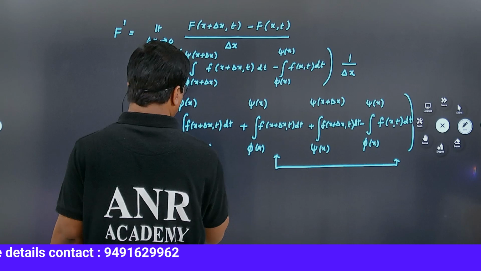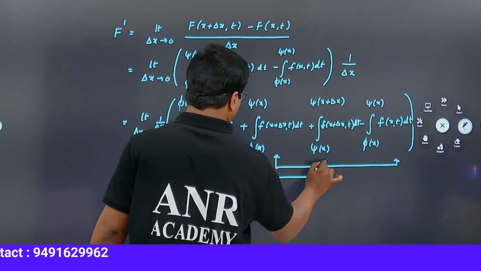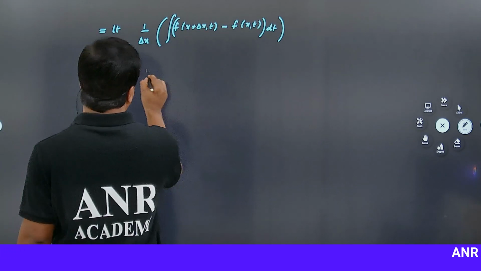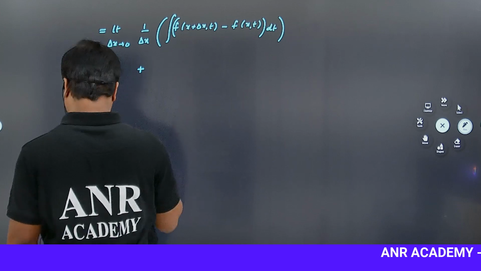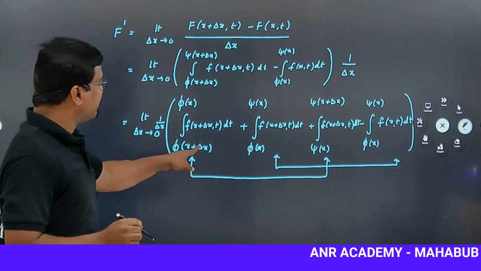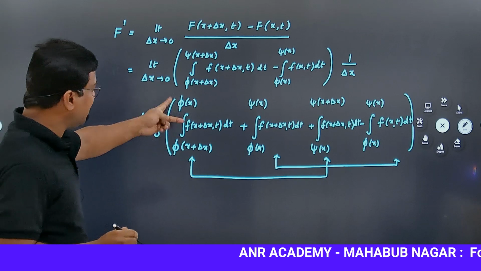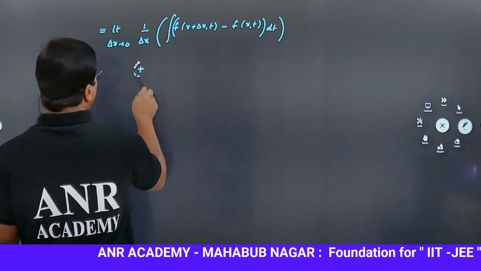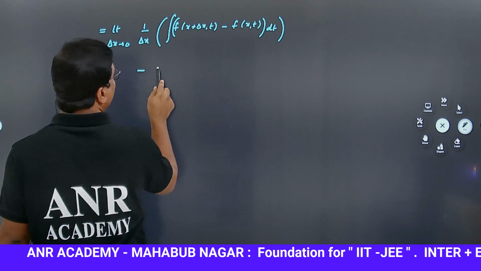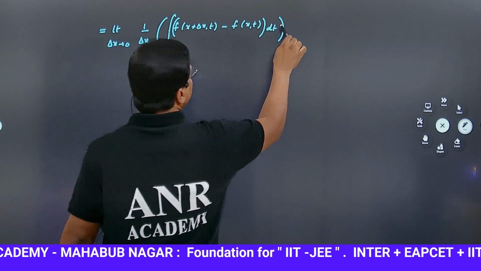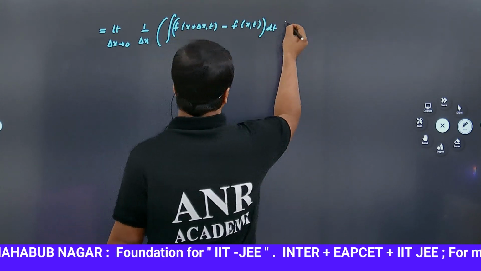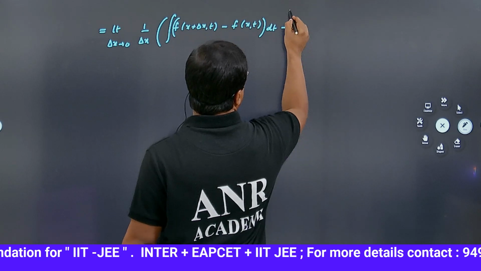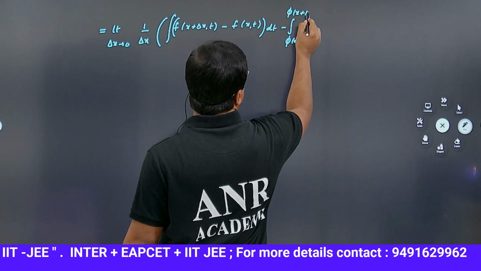Next, the remaining two terms. First one, you have pi of x plus delta x to pi of x. I am going to change the limits. When I change the limits, it becomes a negative sign. Inside the bracket, I am going to continue here, minus integral pi of x to pi of x plus delta x.